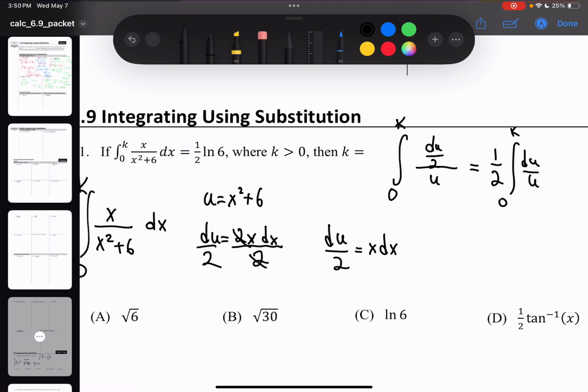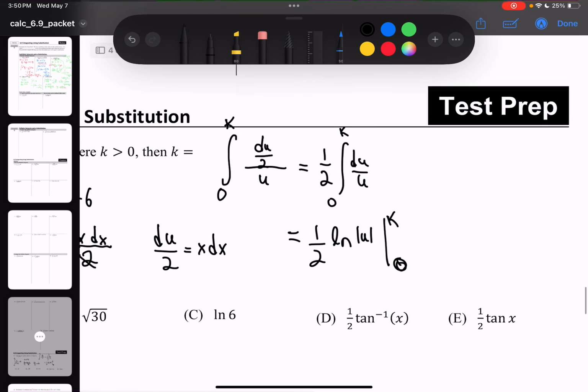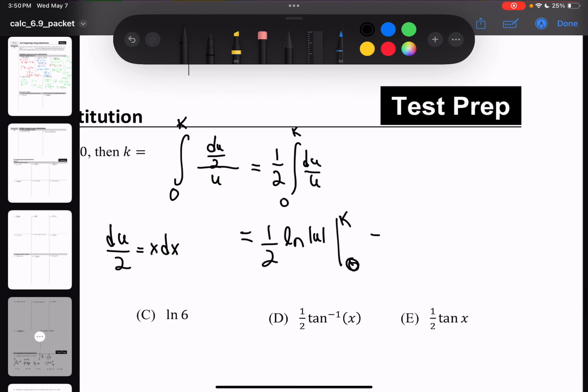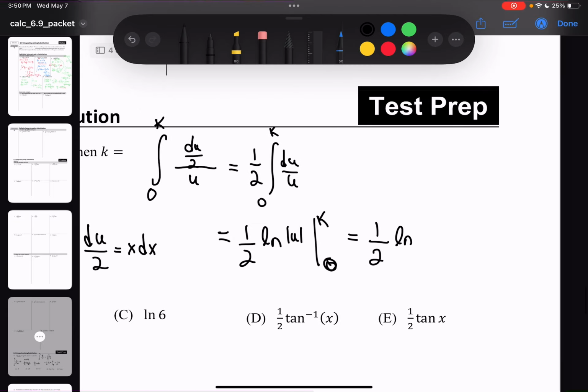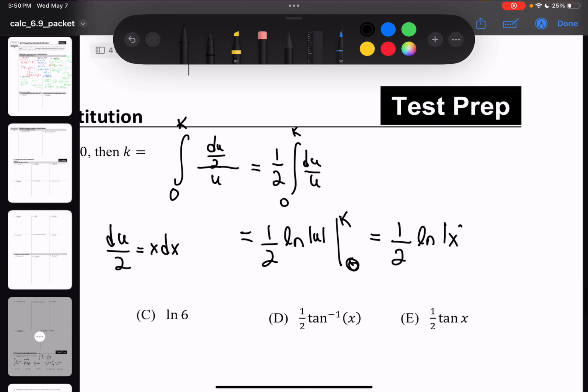So du over u is going to be ln u, so 1 over 2 ln u from 0 to k. Friendly reminder, you don't add plus c because this is a definite integration. Of course, we need to return u to the form it was. So this is going to be half ln x squared plus 6, from 0 to k.